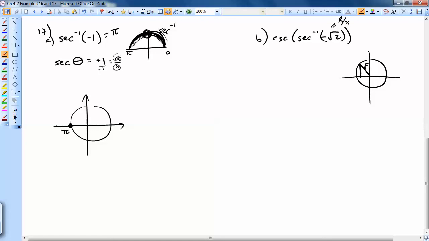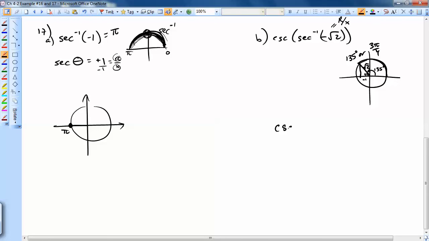So here's √2, here's my -1 in that direction. So this is a 45-degree angle here, which means the rest of it is 135 degrees. So right here, I'm at 135 degrees, or 3 pi over 4 radians.